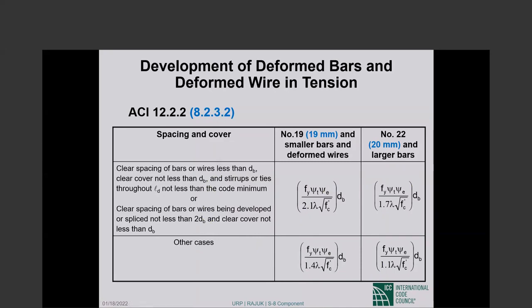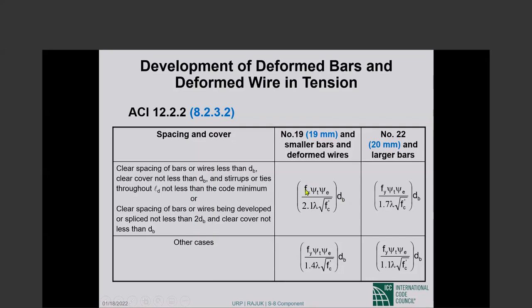First of all, this column is for number 19 and smaller bars and deformed wire. This is number 22 and larger bars. All deformed wires, irrespective of size, are in the first column. In every case, the required development length is so many bar diameters, 50 bar diameters, 62 bar diameters, whatever this number comes out to be.